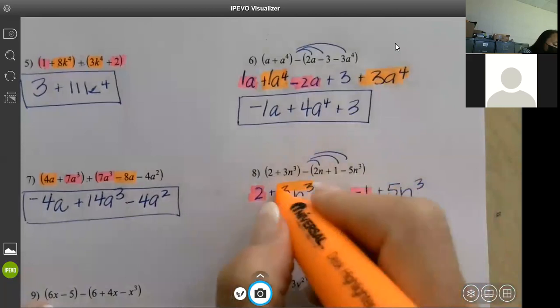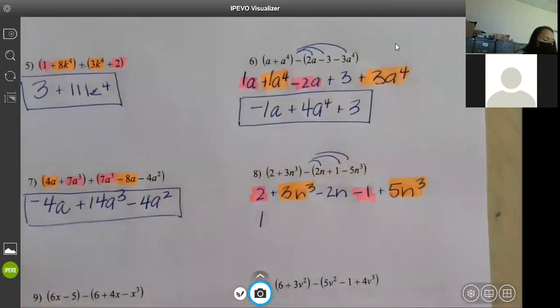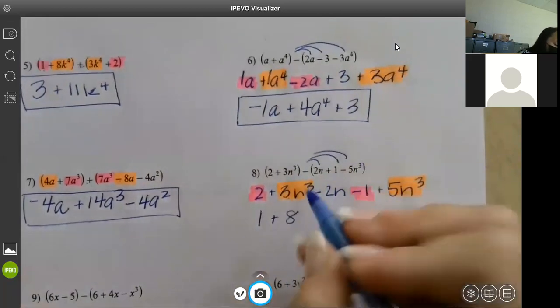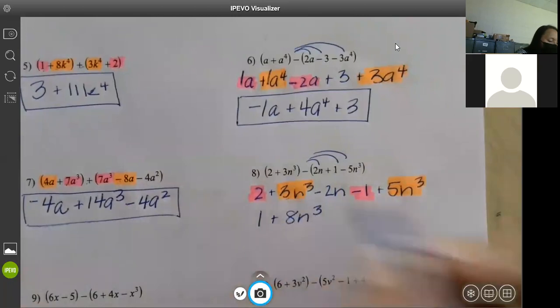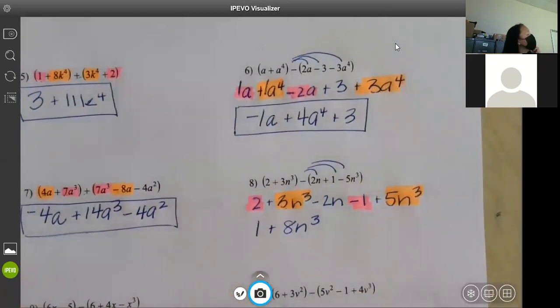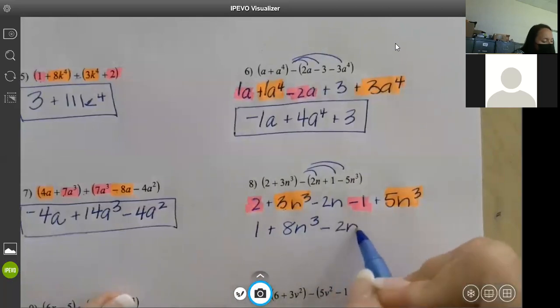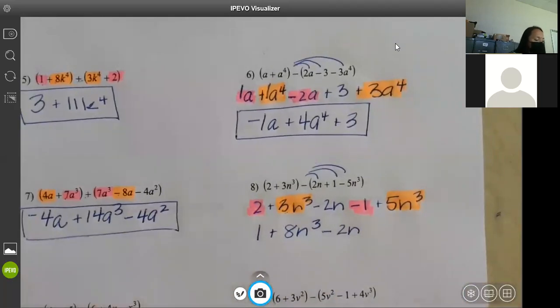We have a 3n cubed and a 5n cubed. 3 plus 5 is 8. Very good. N cubed. You're fine. And the only thing I have left is a -2n, so I just write it down.